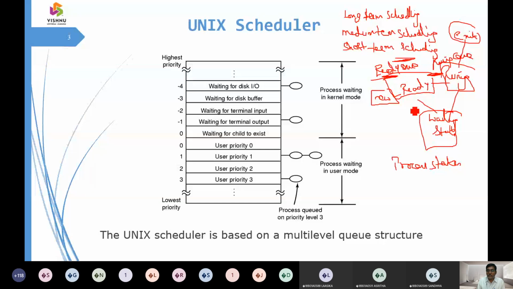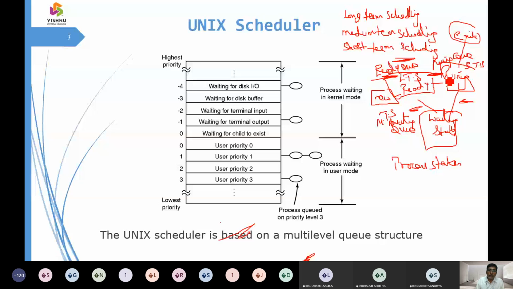And medium-term scheduling is going to act in between the running and waiting state, and between the waiting state and the running state. We are going to have this waiting queue, and here we are going to have the medium-term scheduling. At this state, we are going to have long-term scheduling, and at this stage, we are going to have short-term scheduling. So these are the locations we are mentioning.